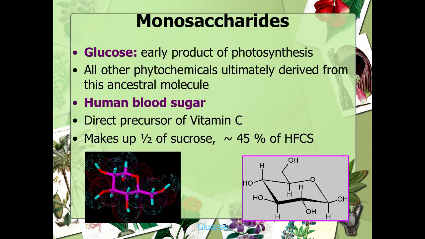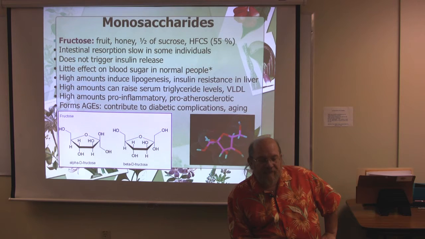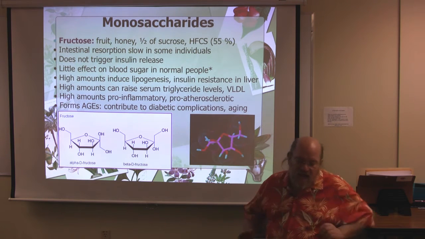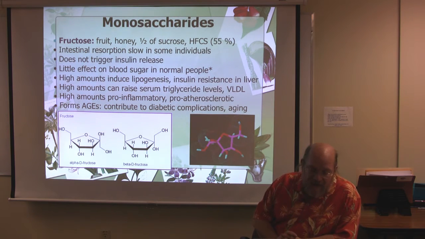Another very important monosaccharide is fructose. It's the fruit sugar. It's the other half of sucrose. Fructose by itself is not problematic, but it can become problematic if it's made into high fructose corn syrup, HFCS.